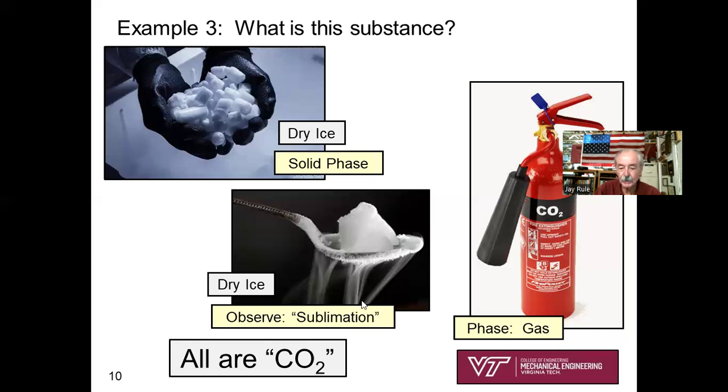And here's some little traces, some hints of CO2 vapor here that you can detect with your eyes. So all of these images represent CO2, and they're all the same, right? So chemically, they're all the same. The chemical composition of all these phases is the same, just like air and just like H2O.